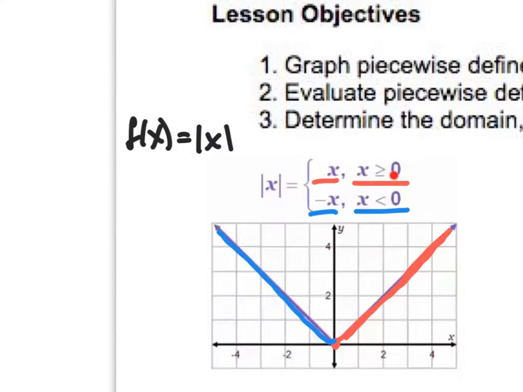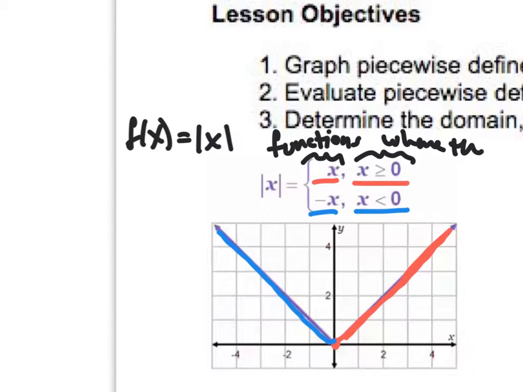So we have to understand what this inequality notation means and where these functions exist. This part right here is the function itself. These are the functions. And this part right here is where they exist.